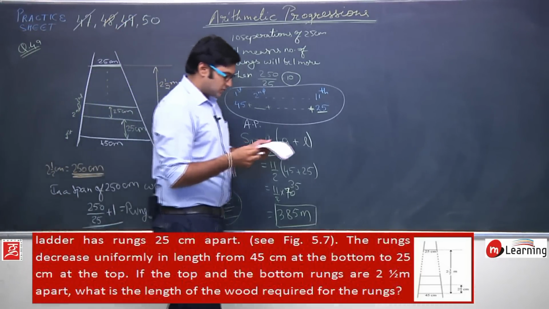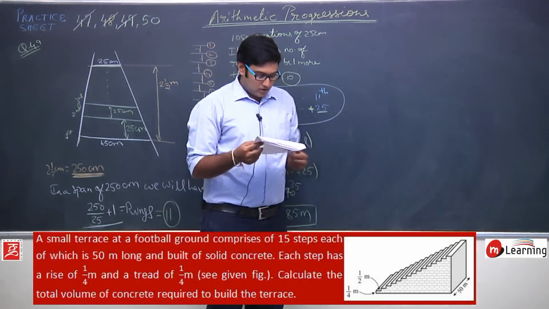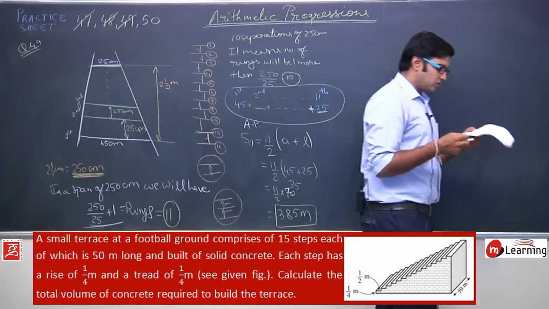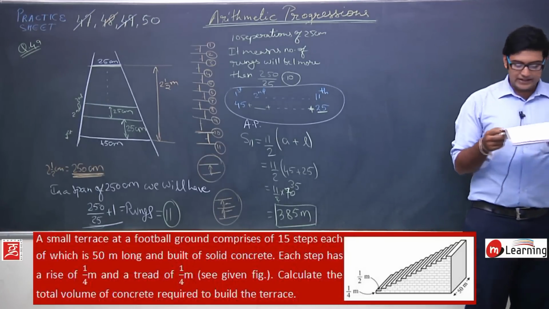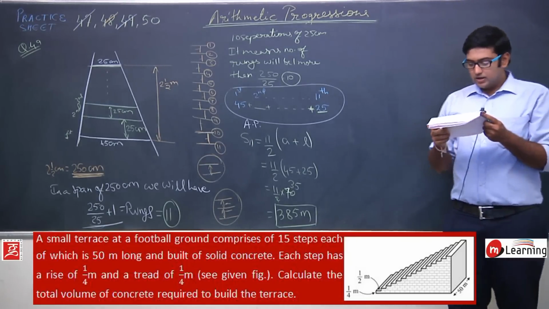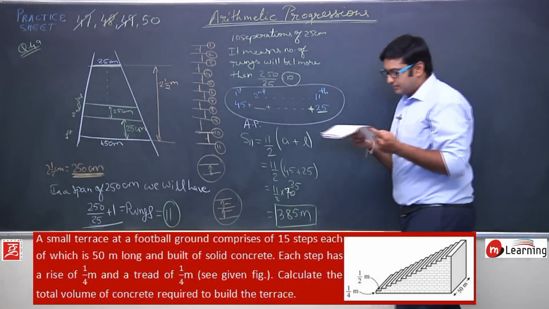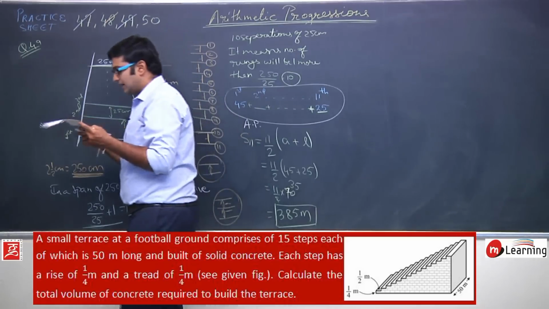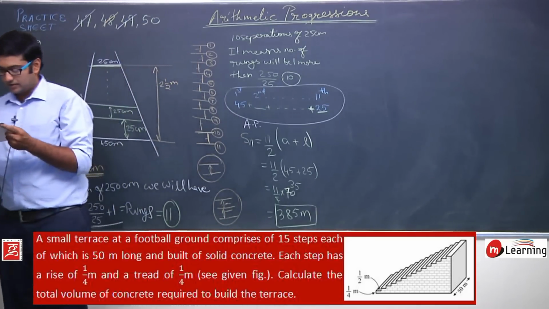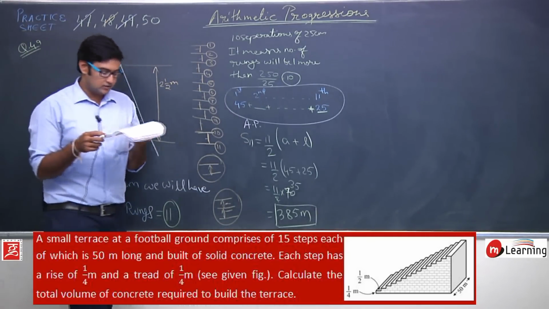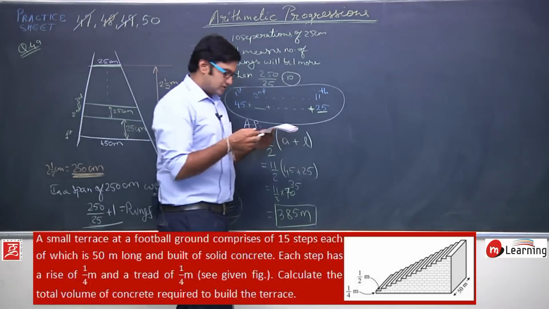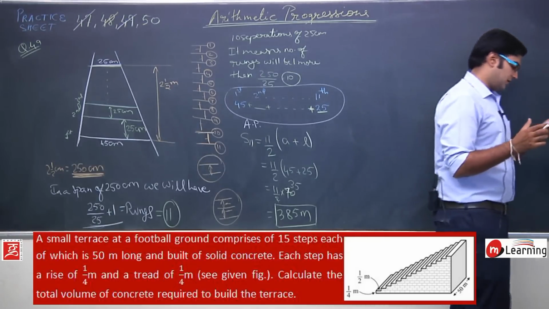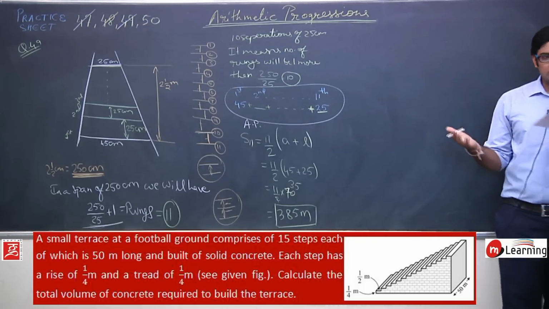Let us now discuss question number 50. Question number 50 says, a small terrace at a football ground comprises of 15 steps, each of which is 50 meters long and built of solid concrete. Okay, it comprises of 15 steps and it is 50 meter long and it is made up of solid concrete.